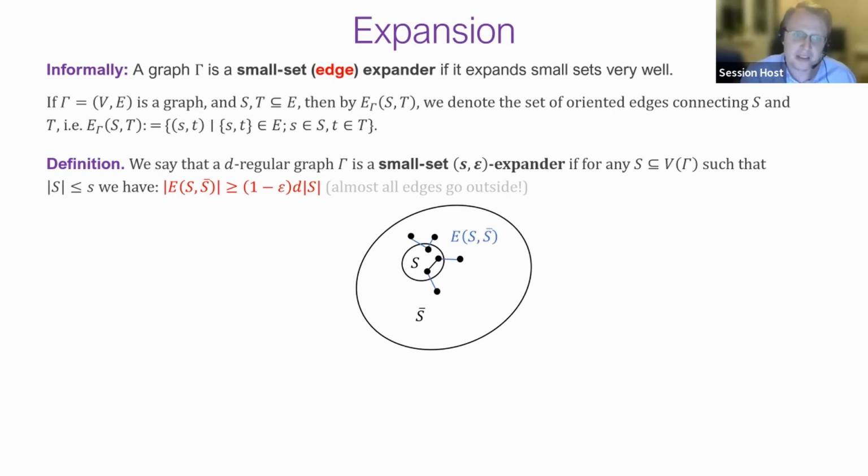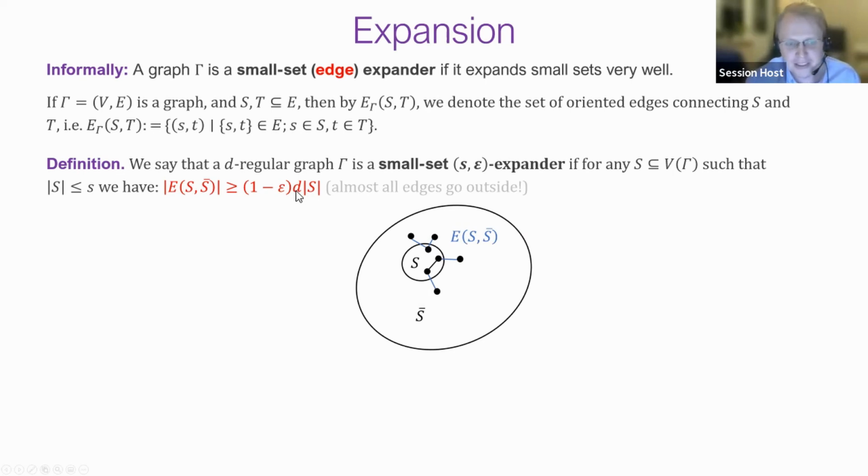But in order for this construction to work, we need a graph which is a good expander. And by expander in our work, we mean a small set expander. So what is a small set expander? A small set expander is a graph that expands small sets very well. In particular, a graph G is called an (S, epsilon) small set expander if the number of outgoing edges, the number of edges that go outside, is almost equal to the maximum possible value.